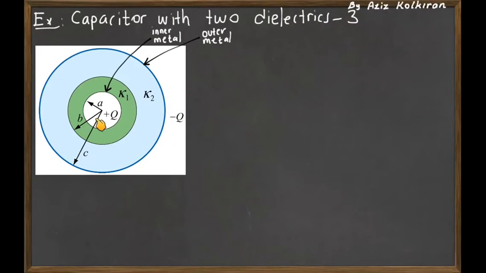In this example, we have two different dielectric shells, dielectric materials in a spherical distribution.